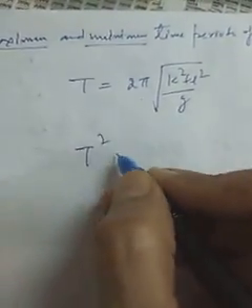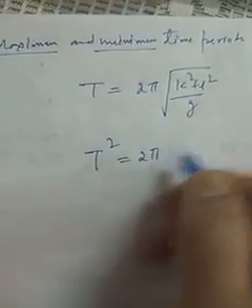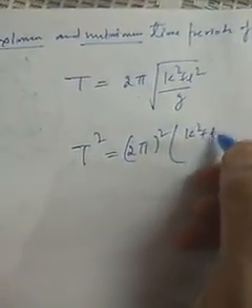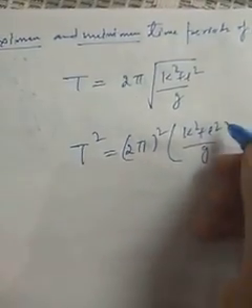So we'll have T square equals 4 pi square within the brackets k square plus l square upon g.